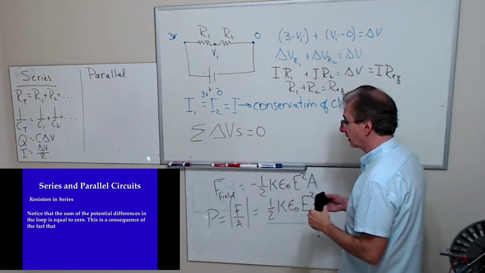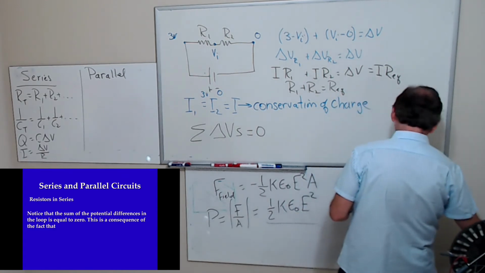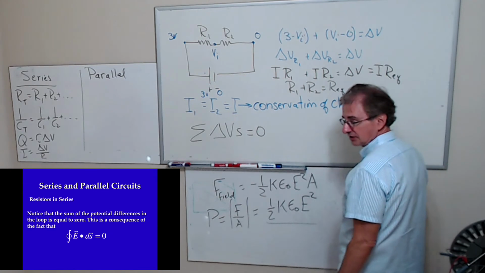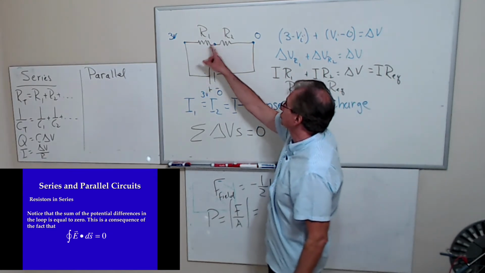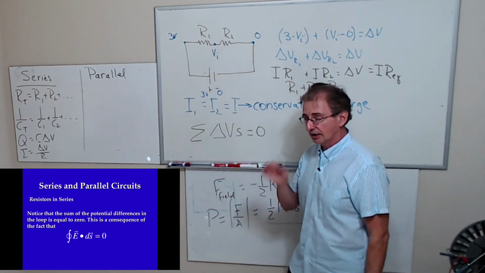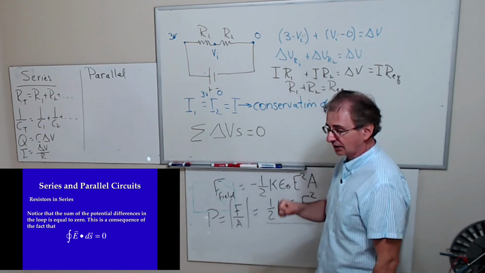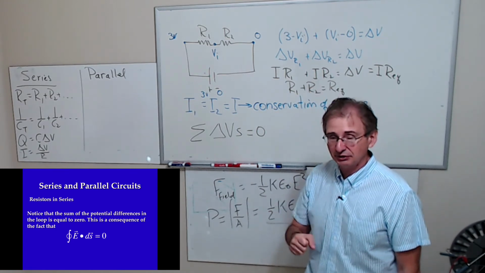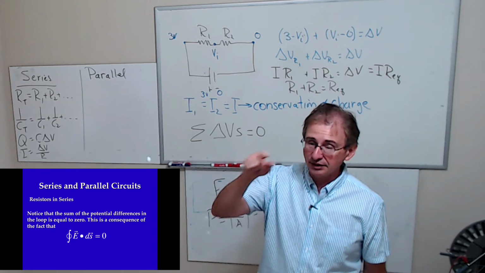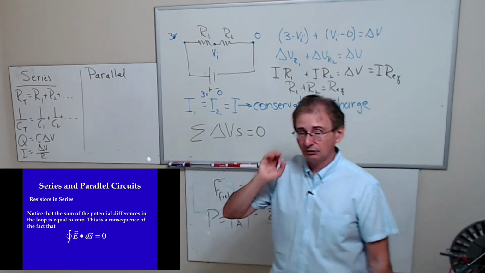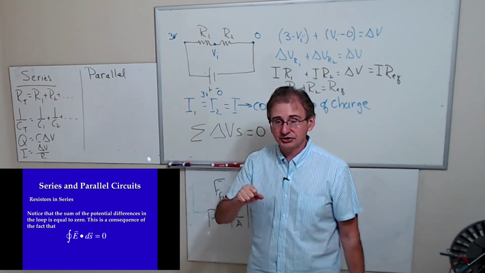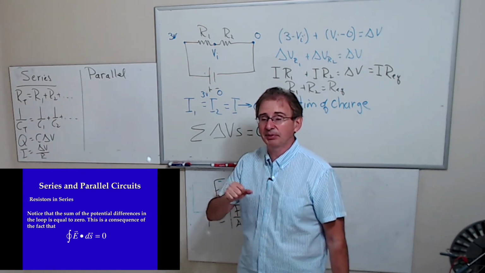So an overriding law in such circuits is the fact that the sum of the voltage drops in a loop is equal to 0. And that's a consequence of the fact that the electric field is conservative. If you integrate the electric field around a closed path, you get 0, because the integral is independent of the path.